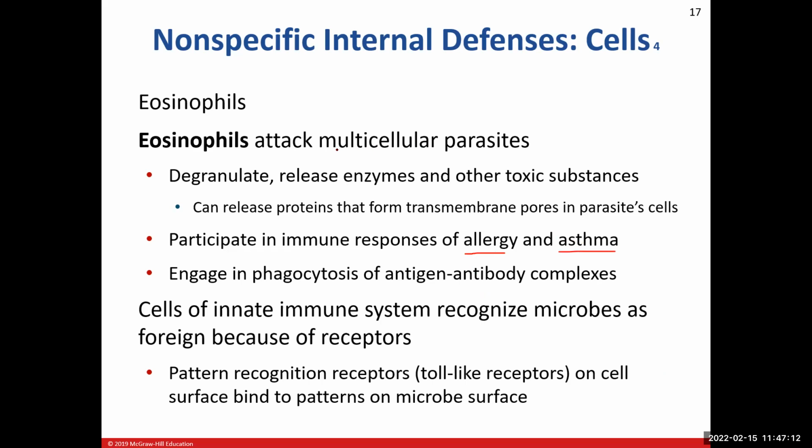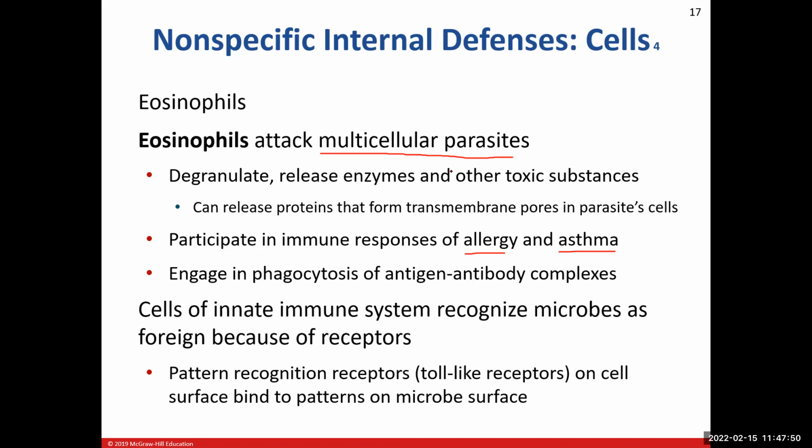But really what we'll see, if you see on a CBC with differential, which is a blood draw in which they break down and look at the different cell types, if you see an elevated eosinophil level, you're thinking allergic response, or this individual is undergoing a multicellular parasitic infection. All right, so very similar. But we're going to see that these cells, again, phil is the last part of the name here for this type of cell. So it is a granulocyte.